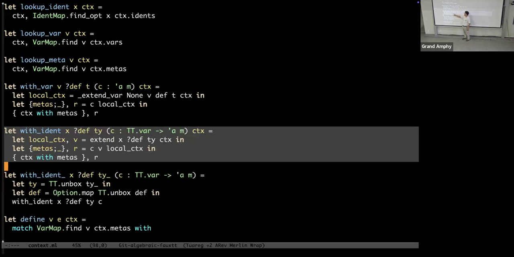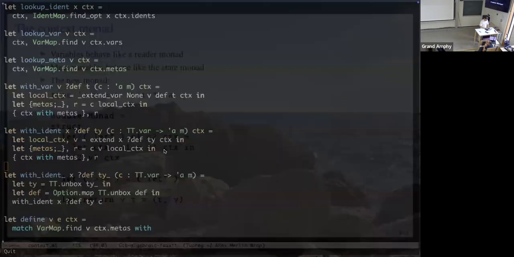We'll tell the computation, hey, this variable got created, and here's your extended context to run in. And this thing is going to tell us what it did with the context. So it could change some meta variables. What I pick up is the result, and I only take the metas from the output context. And then in the original context, I use the original context, but with the new metas. So I'm really rolling metas as state, but not the rest. It's some monad. I mean, Haskell people wouldn't even blink seeing this kind of thing. So it's totally okay.